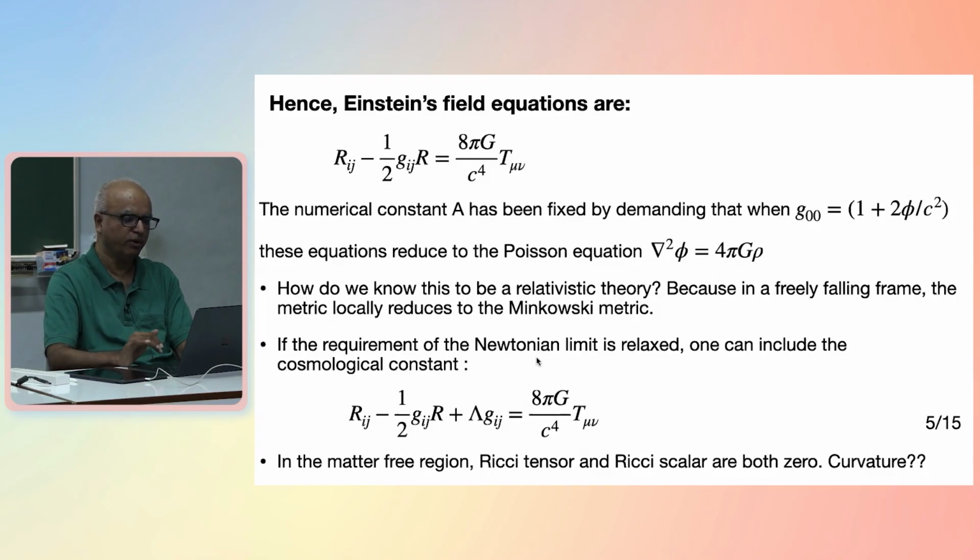If the requirement of the Newtonian limit is relaxed, one can include the cosmological constant. You can add one more term which is proportional to the metric. This will still have zero divergence on the left hand side because the covariant derivative of the metric is zero. So that condition is satisfied, the covariant divergence of the left hand side vanishes.